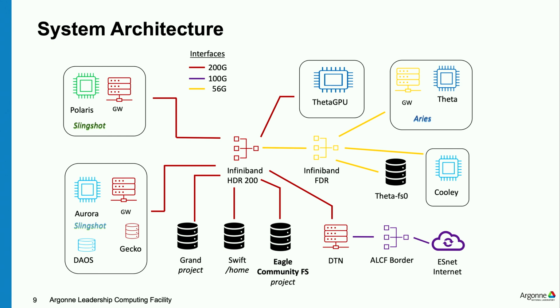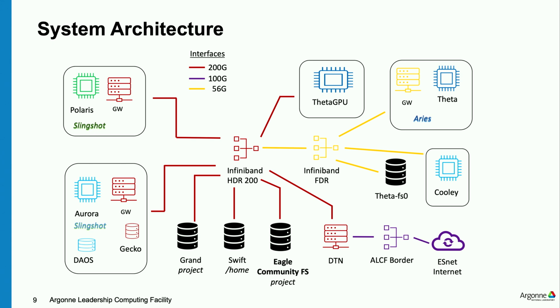On the left we have Polaris. It resides on Slingshot 10. We plan to upgrade it to Slingshot 11, and it connects through 50 gateway nodes to the fabric. Aurora is being installed. It has Slingshot 11, and DAOS resides directly on the Slingshot 11 network.